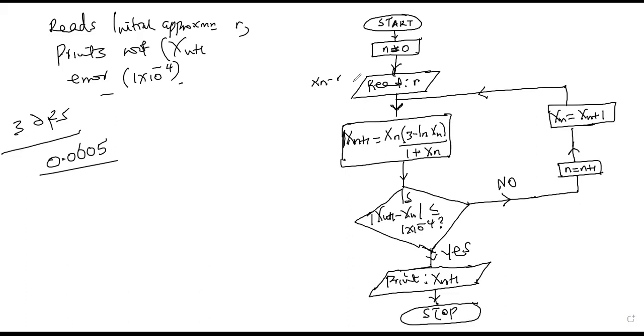When the answer is yes, you print and stop. The output should be what you are told to print. If you are told to print the root, you say print the root, you put it, and then you stop.